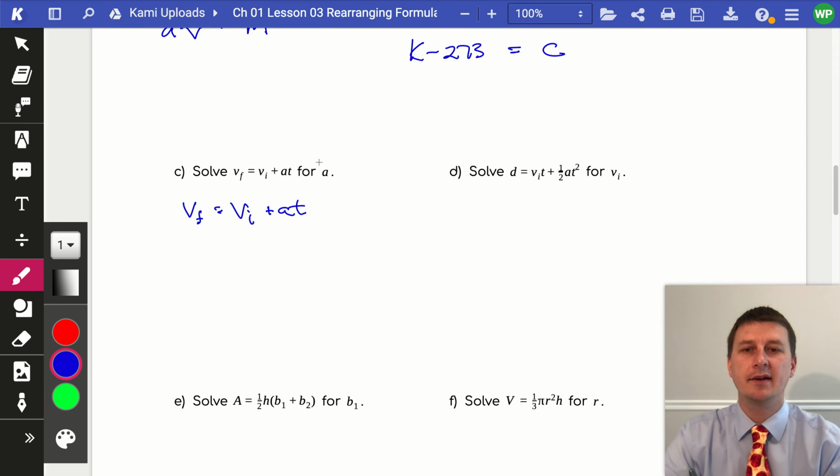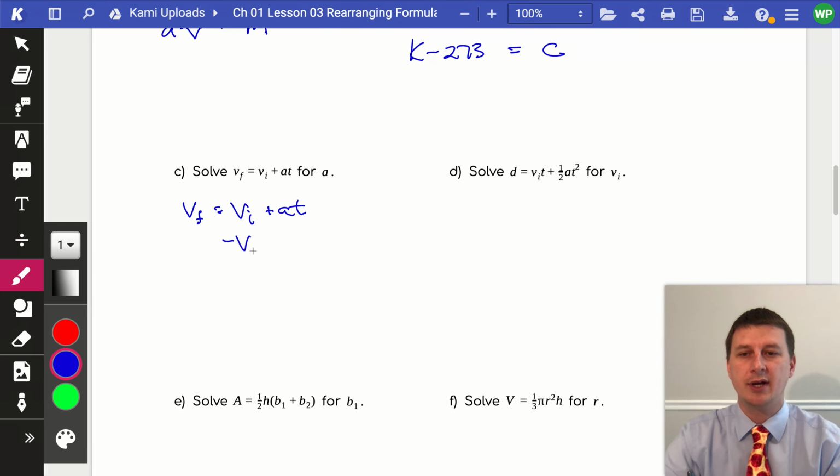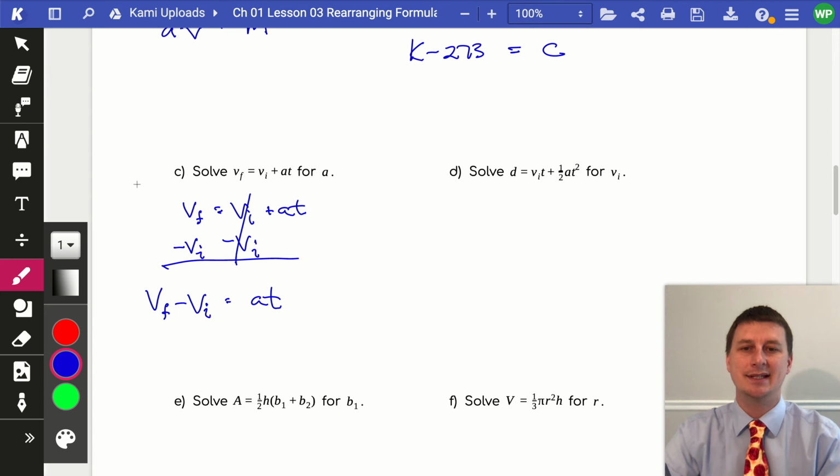And since I'm solving for a, first thing I want to do is look for our addition or subtraction. I see that we're adding on the v sub i, so I'm going to start by subtracting v sub i from both sides. Now remember, they're not like terms, so I'm going to keep them apart. V sub f minus v sub i will remain v sub f minus v sub i, and I'll be left with a times t. And to get a by itself, I just said this was a times t, multiplication.